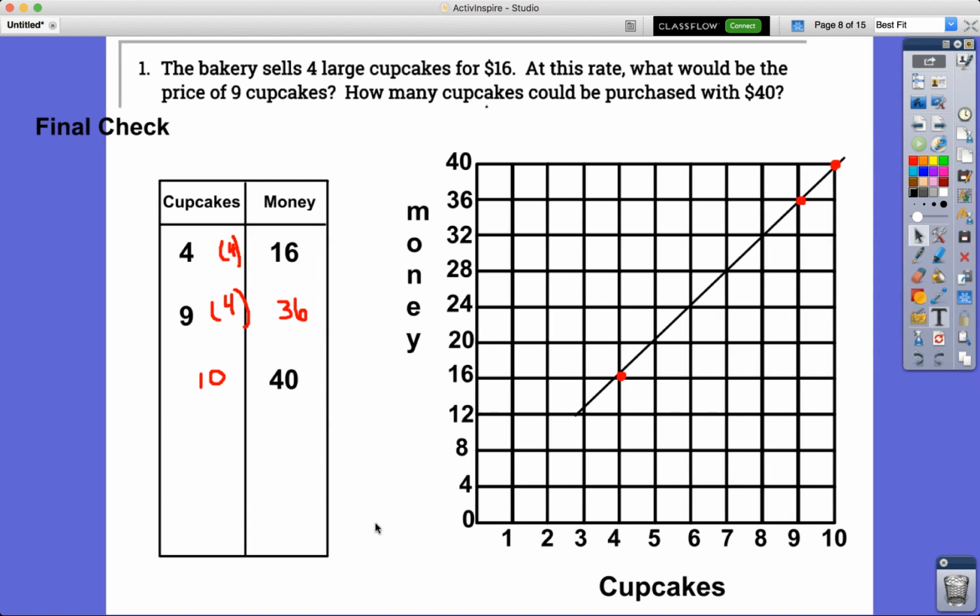So pause the video here for about a minute. Make sure you have all of these details and that you have, actually, because you have to set your graph up, pause the video here for 3 minutes. Make sure you have your graph labeled, that you have your X and your Y axis, and this is your independent variable, this is your dependent variable.